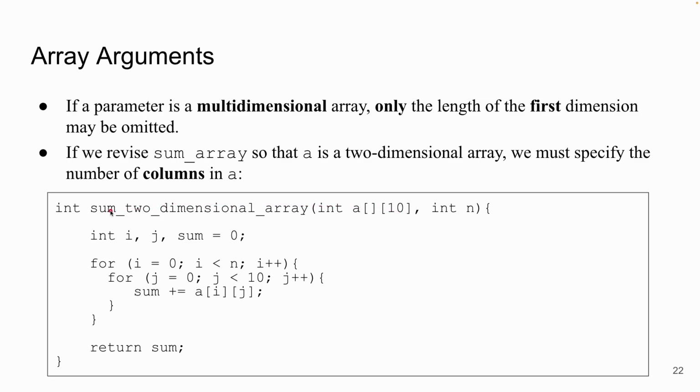What this function can do is process any 2D array as long as this 2D array has 10 columns. That is the revised version of the sum 2D array function.